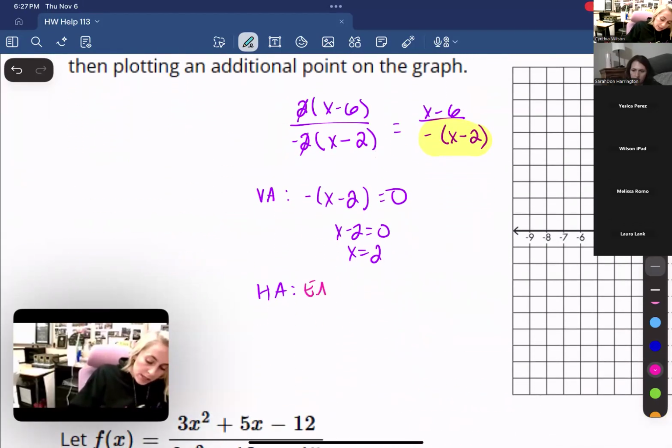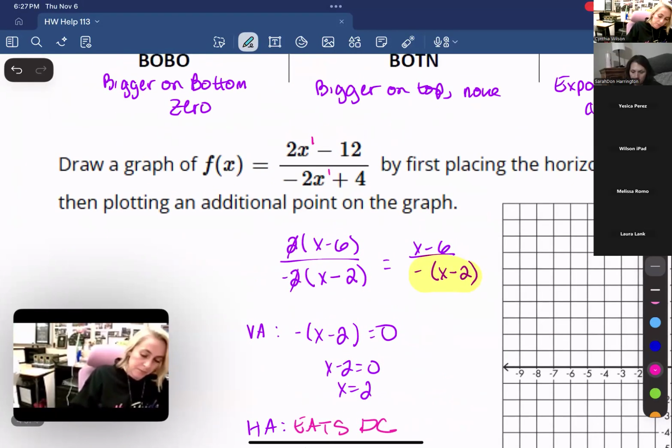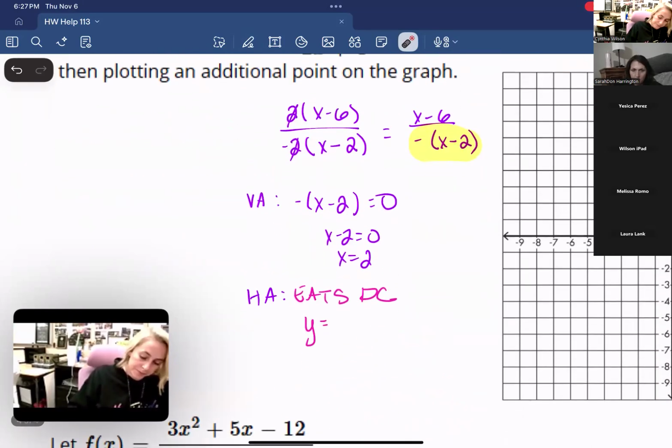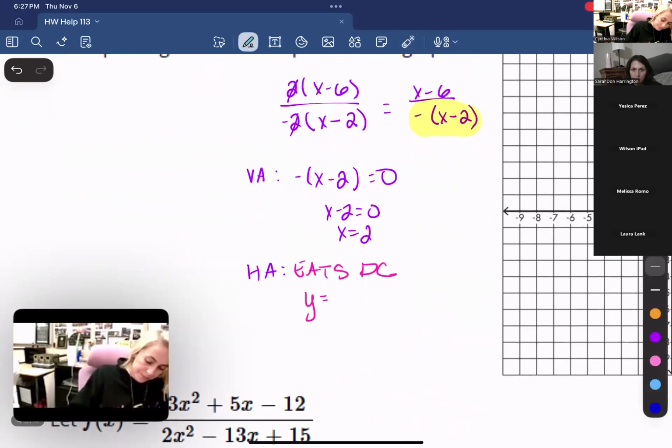So this is an eats DC: exponents are the same, divide coefficients. So y equals 2 divided by -2. That means you have a horizontal asymptote at y equals -1.